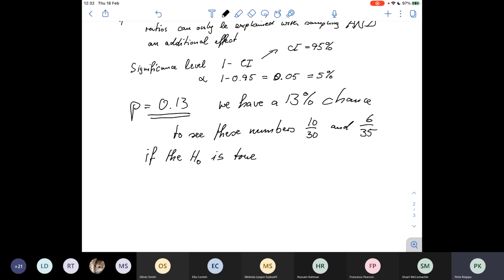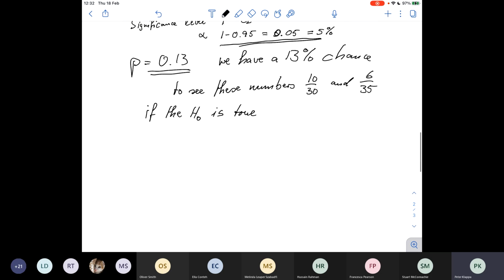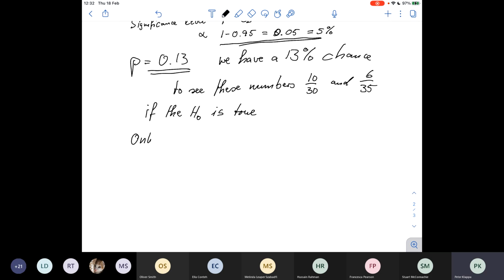What does that mean? Well, we said only if this chance is lower than 5%, then we kick out the null hypothesis. Only if this p-value is smaller than our alpha, 5% here, then we kick out the null hypothesis, and we say we don't believe in the null hypothesis.